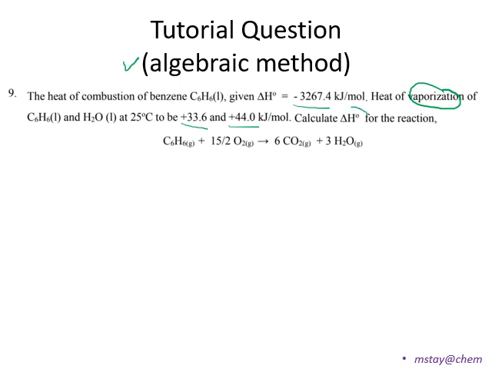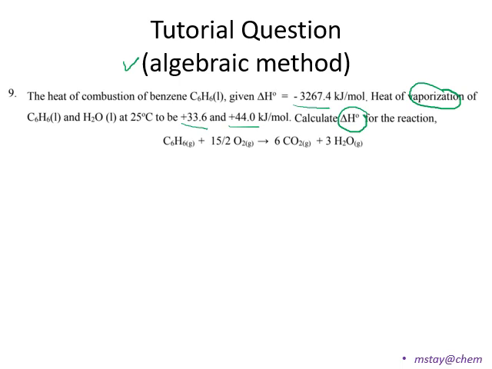Then we need to calculate the enthalpy change. Before we continue, when the question gives us the type of enthalpy and also the value, it means that we need to write out the thermochemical equation.